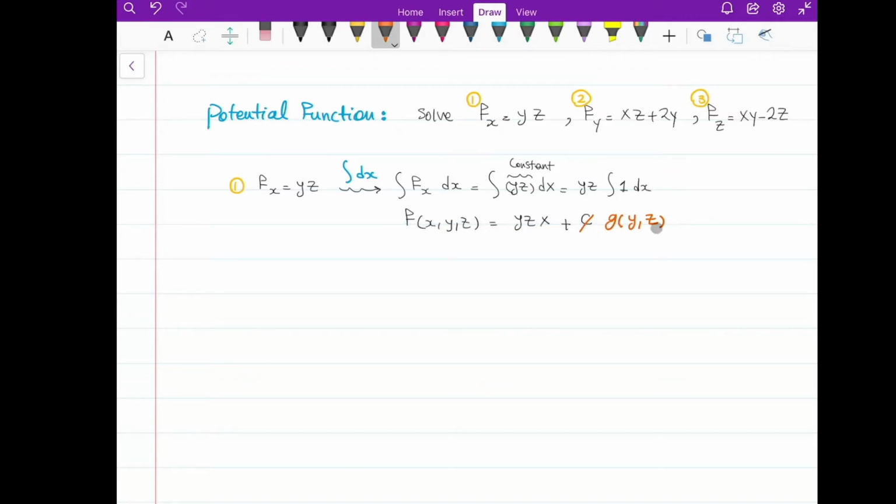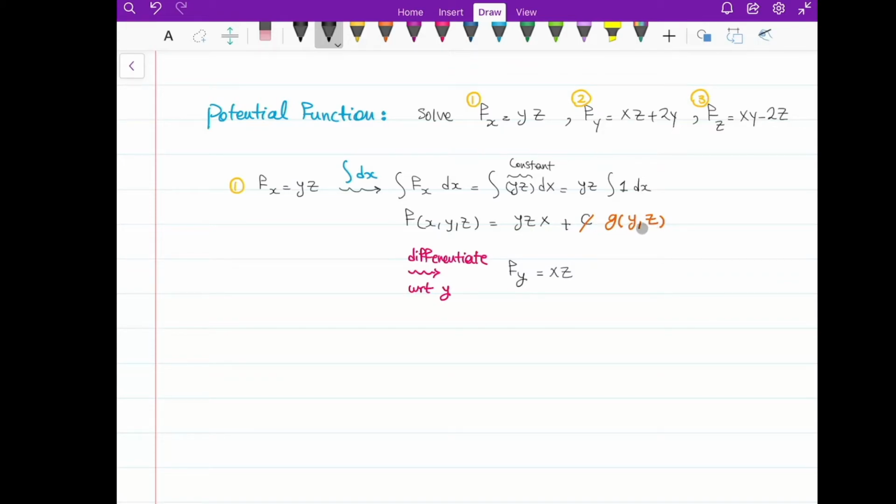All I need to do is to find g, right? So to find g, I'm going to differentiate with respect to y. The derivative of f with respect to y is f_y. The derivative of this part with respect to y is xz.